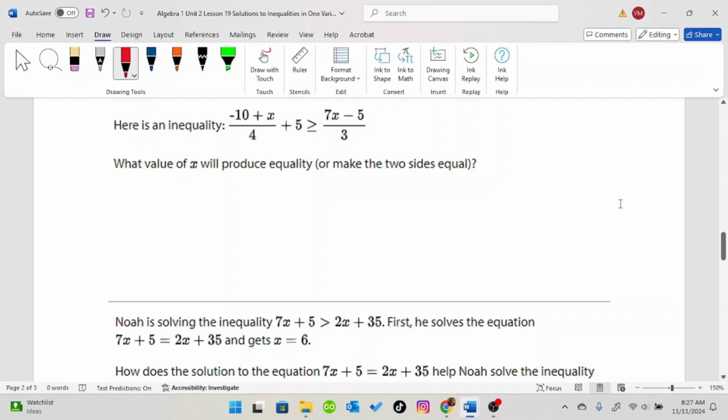Our next practice problem, here is an inequality. Negative 10 plus x divided by 4 plus 5 is greater than or equal to 7x minus 5 divided by 3. What value of x will produce equality or make the two sides equal?